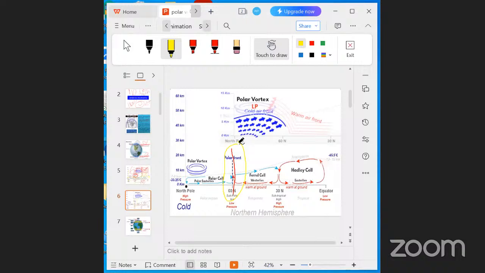So remember, jet streams also weaken at certain time periods. That is when the polar vortex gets time to intrude into certain areas, like the Midwest US and Canada, where there are lots of cold winds and negative temperatures. So that is the polar front jet. It's called a gate, okay?